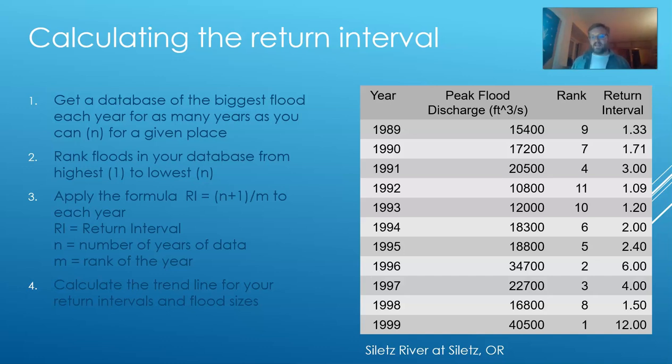And so we see in this particular example, our biggest flood of the database is going to come out to being a 12-year flood. That may not sound very impressive, right? That's the size of flood that we expect to be that big or bigger every 12 years. But once we have these calculations, we can calculate a trend line that allows us to extrapolate to rarer flood events that we have not yet experienced, or that we haven't experienced within the time frame that we have data for.